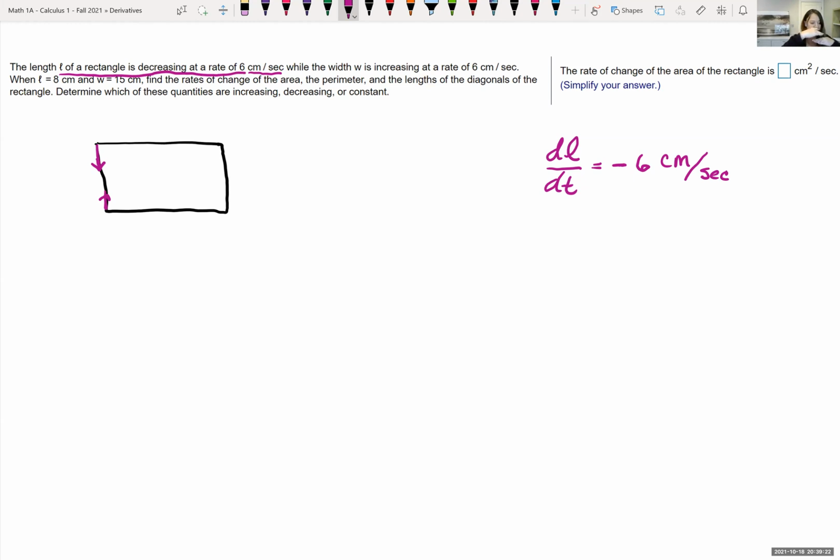As that's shrinking, our width is increasing. And our width is increasing at a rate of 6, it's increasing, so it's positive, centimeters per second.